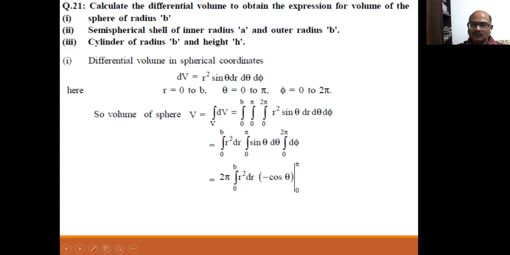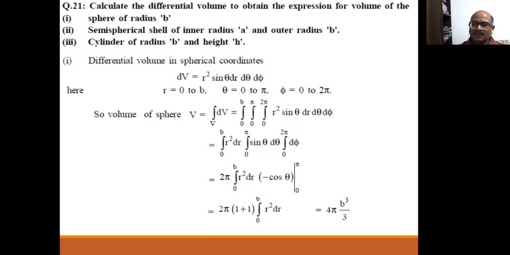So the final value: 2 pi put here, then the integral of sine theta is minus cos theta from 0 to pi, and the last one is r square. So we got these values, and the final result is 4 pi b cubed by 3. All of you know that the sphere volume is 4 by 3 pi r cubed, but the r value here is b.